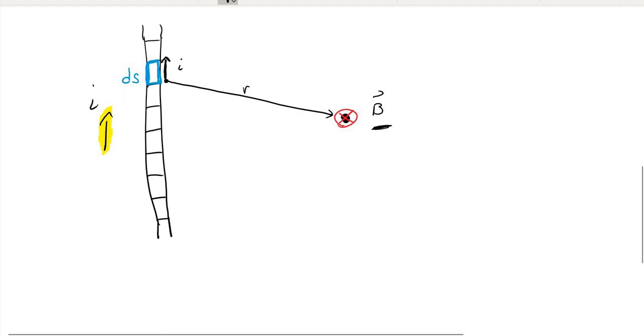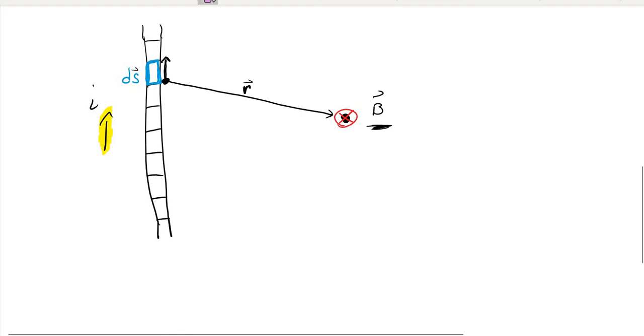And I'll just call this little r. This is a measure of distance from where the charge is currently at in the form of current and where I'm trying to measure the magnetic field. And so r can act as a vector. Current technically is not a vector, but the direction that the current is traveling, I can use that infinitesimally small length ds to represent the direction that the current is traveling.